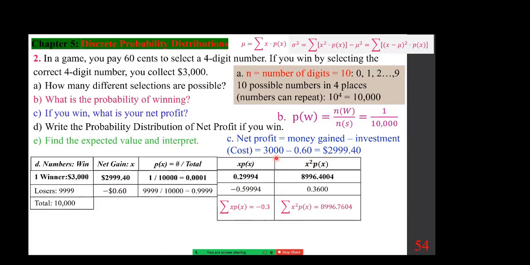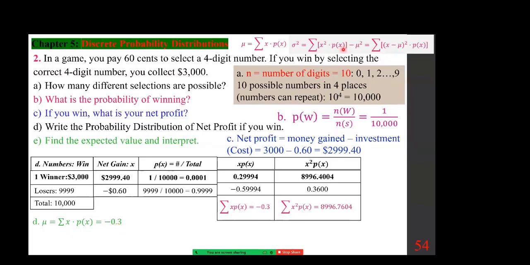How do we get this one? Square this number. X squared times this number. Then square this number. Minus 0.6 squared becomes positive, times this number. Add these two, and you come up with that. Why are we doing that? Mu, or the summation of x times P of x, is negative 0.3.